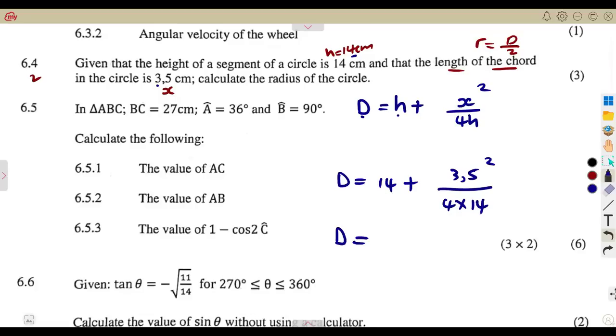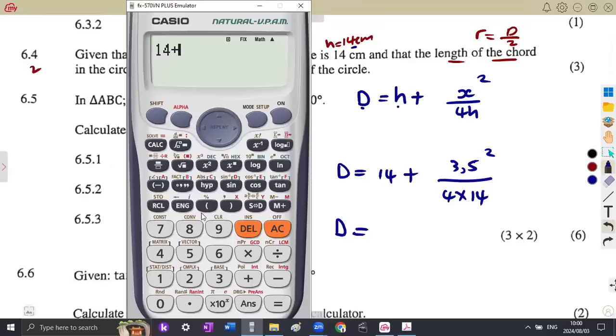All right, so this is what you're going to have, 14 plus, let's have a fraction here, 35 squared, everything over 4 times 14.